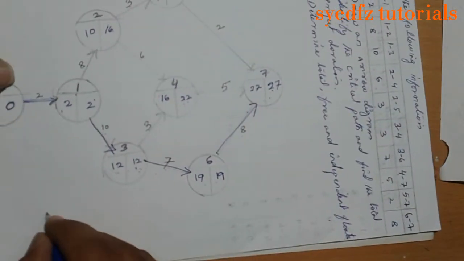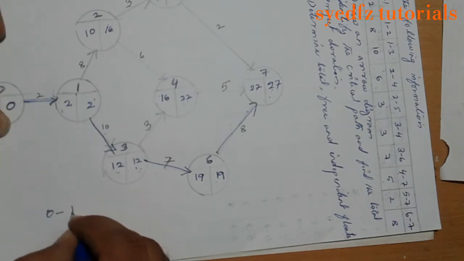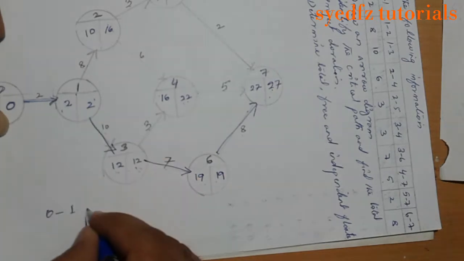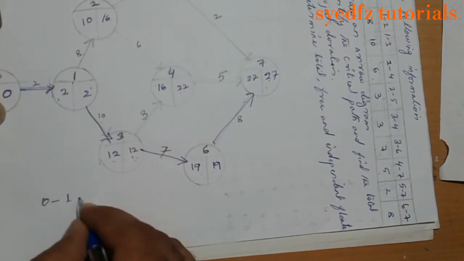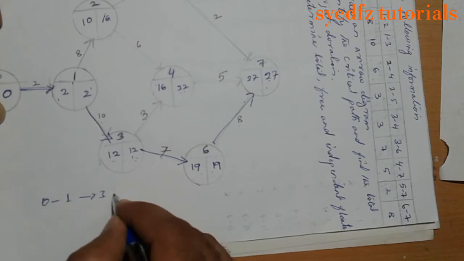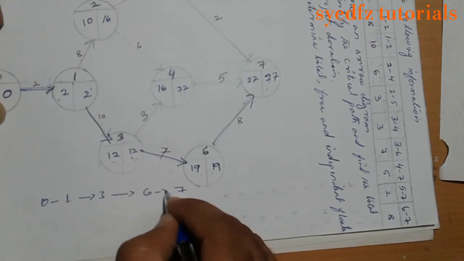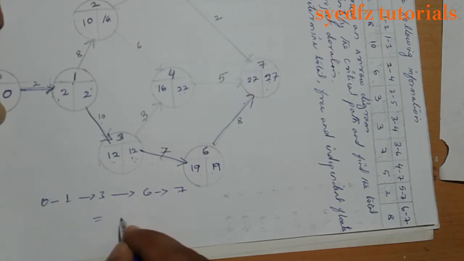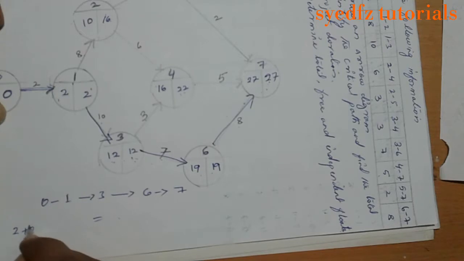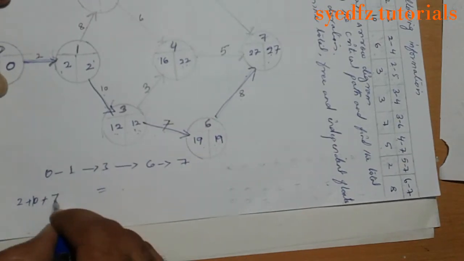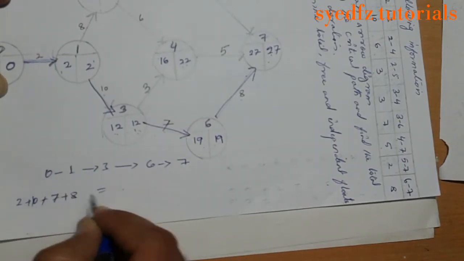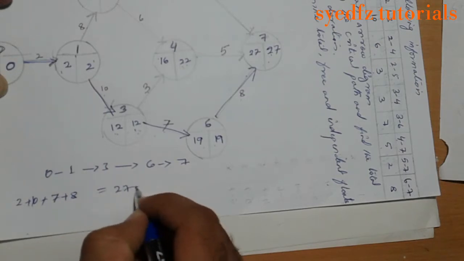What is the critical path? 0 to 1, 1 to 3, 3 to 6, 6 to 7. Overall, 2 plus 10 plus 7 plus 8, overall 27 days.